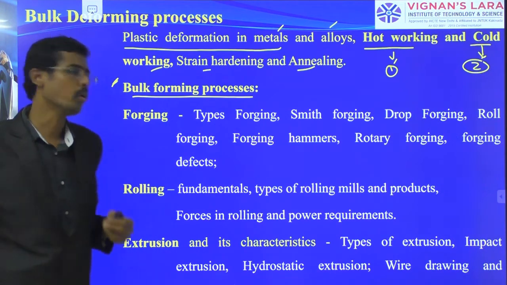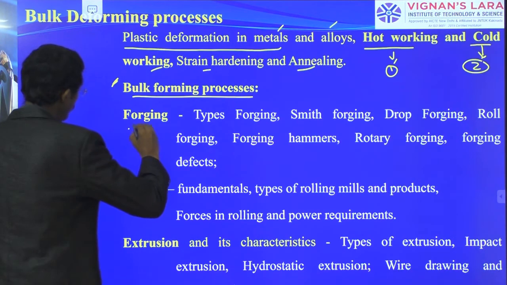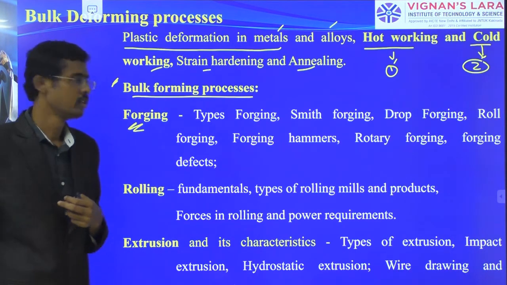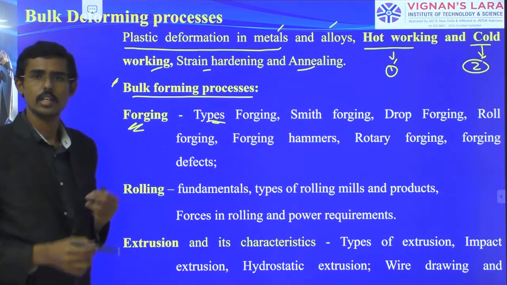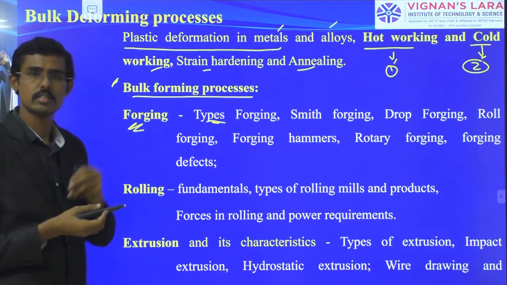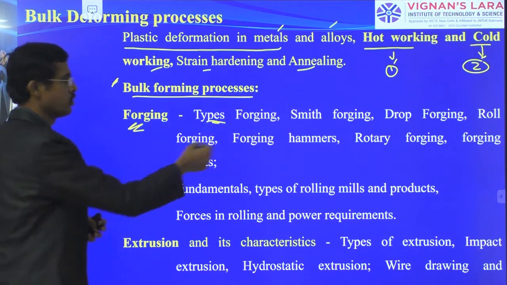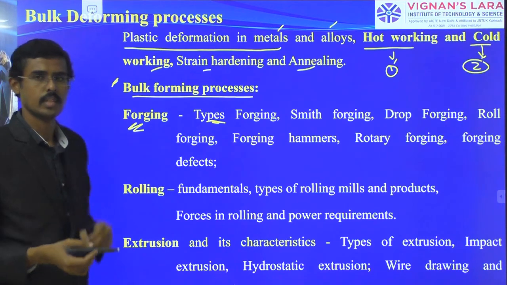I have taken these three categories. Forging and its types is one of the bulk deformation methods. In forging treatments, there are smith forging, drop forging, and roll forging processes.